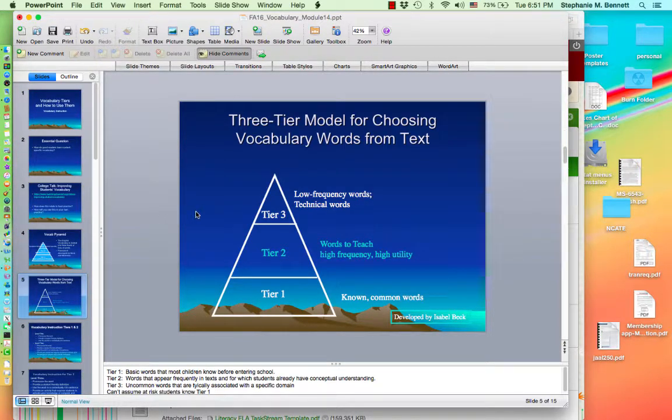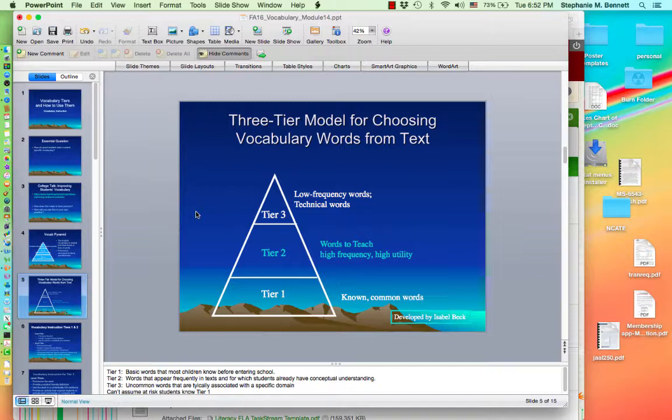So to think about that in another sense, your Tier 1 is your known common words. These are basic words that most children know before they enter school. However, you can't assume that all at-risk students really know Tier 1 words.